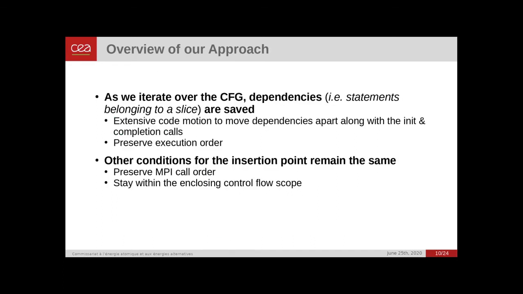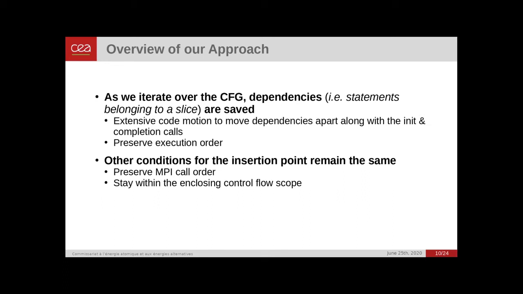As previously explained, the data dependencies are no longer a stopping condition, and instead they are saved and moved along with the non-blocking codes. They are moved to the insertion point of the non-blocking code in a way that preserves the execution order, so that we can preserve the correctness of the program.